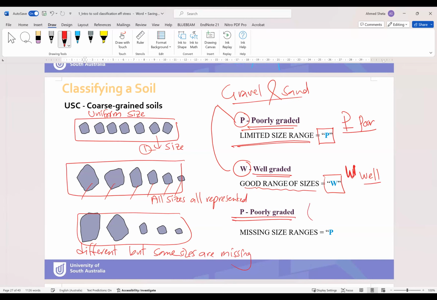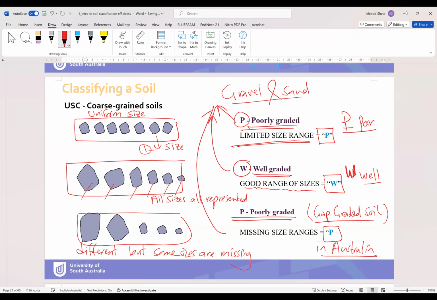In other standards, it can be defined as gap graded soil, gap graded because some of the sizes are not represented in the soil. But in Australian standard, it is still poorly graded or B. And also this is only for gravel and sand. So we have poorly graded and well graded only for coarse soil in Australia.